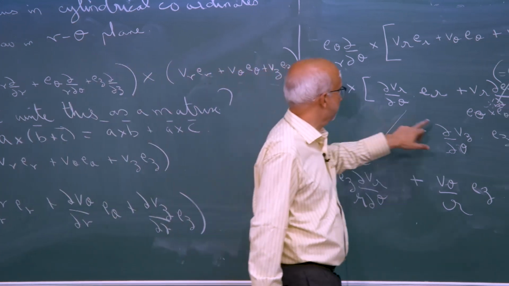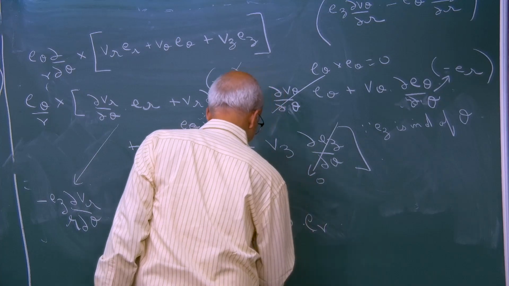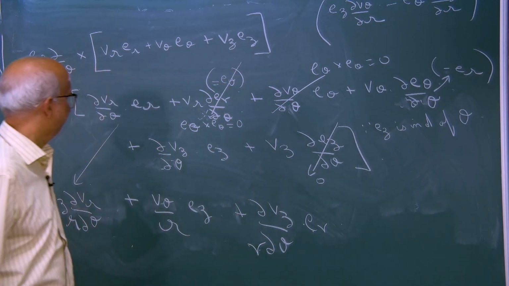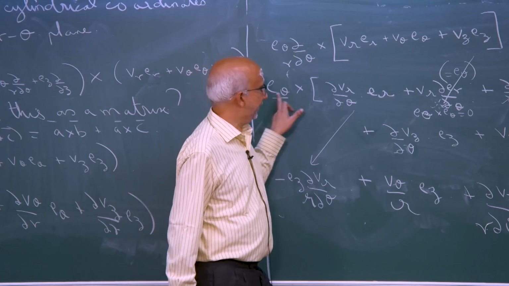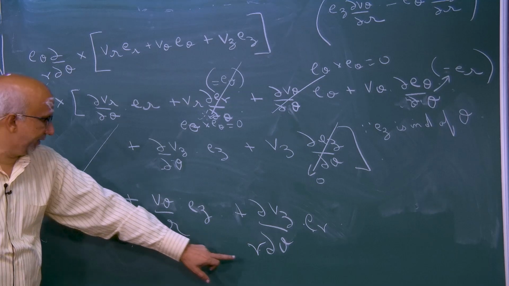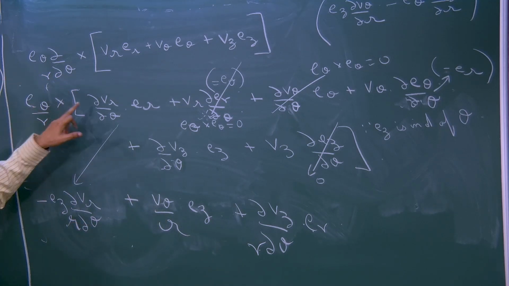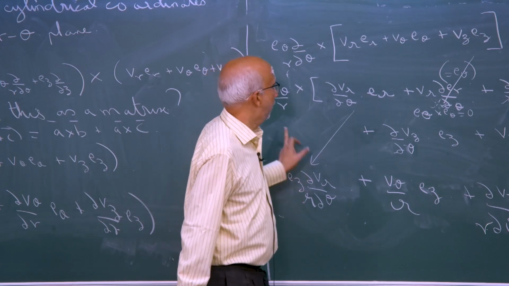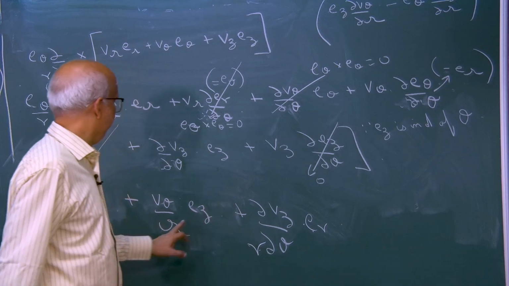E theta crossed with Ez is ER. So, this gives me ER, and I have dVz by r d theta. This comes from this term, E theta crossed with r is minus Ez, E theta crossed with minus Er is plus Ez, I get V theta by r.